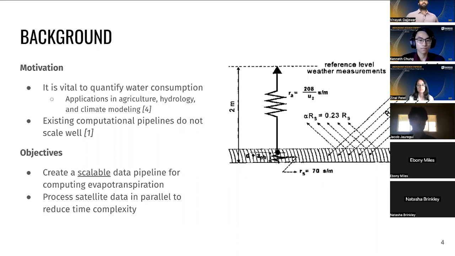So the main objective for my project is to create a scalable data model for computing evapotranspiration. By scalable, I mean that it should be able to handle large quantities of satellite data. That's really what makes this project different: we want to process satellite data in parallel to reduce the time it takes to perform these really complicated computations.